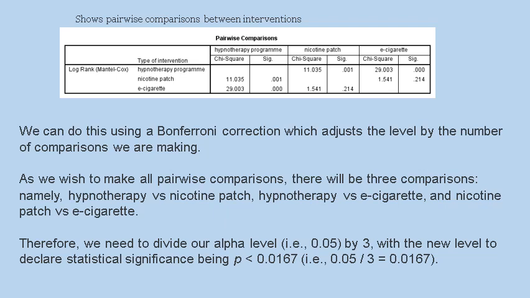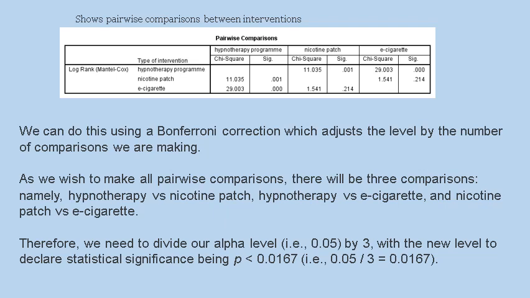Now we are comparing three subgroups, so we have to divide 0.05 by 3. Then we will get the statistical significance level. That will be 0.05 divided by 3, that is 0.0167. That is the statistical significance level.